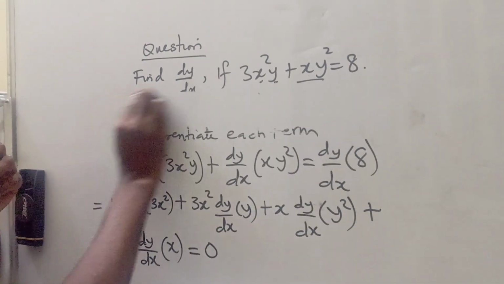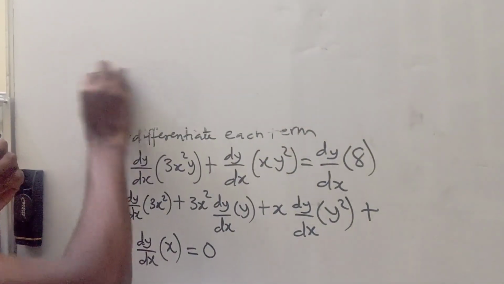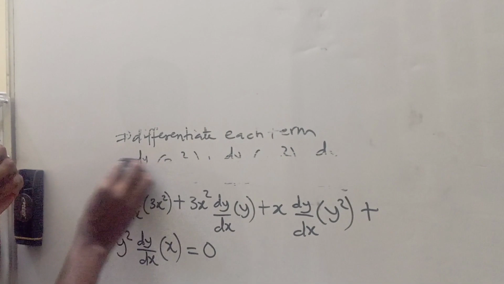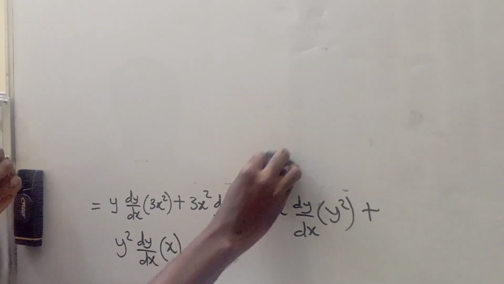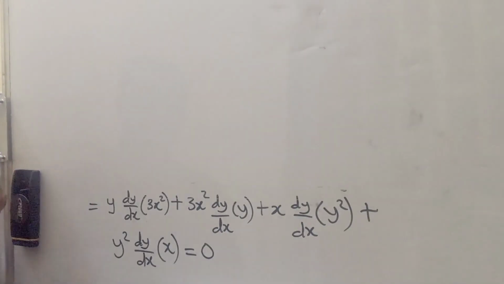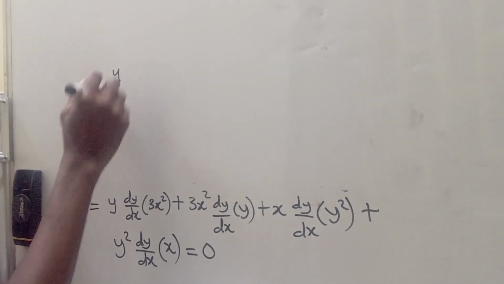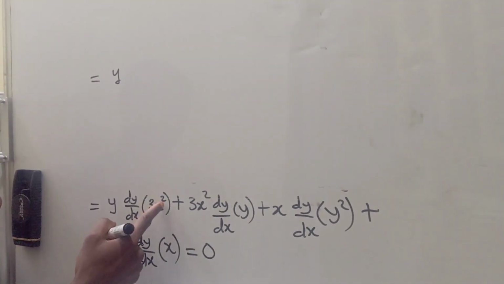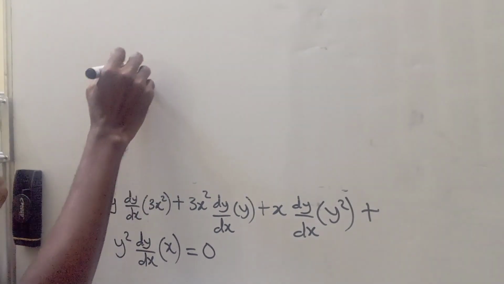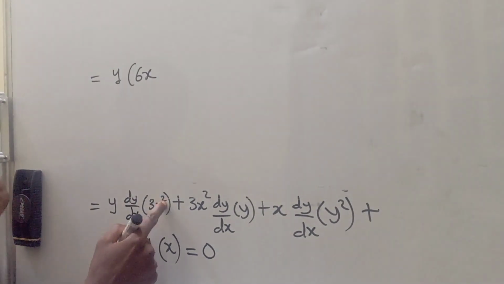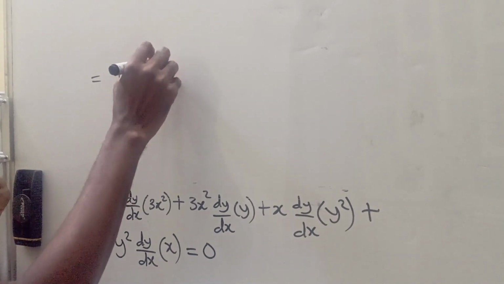All right, so from this, we are going to simplify further. This is y. Now, if I differentiate this, this 2 multiplies this 3. So 2 times 3 is 6, so I have 6x. We reduce the power by 1.